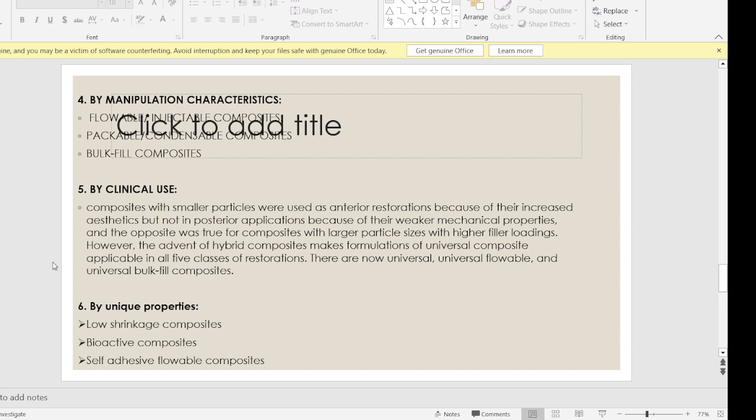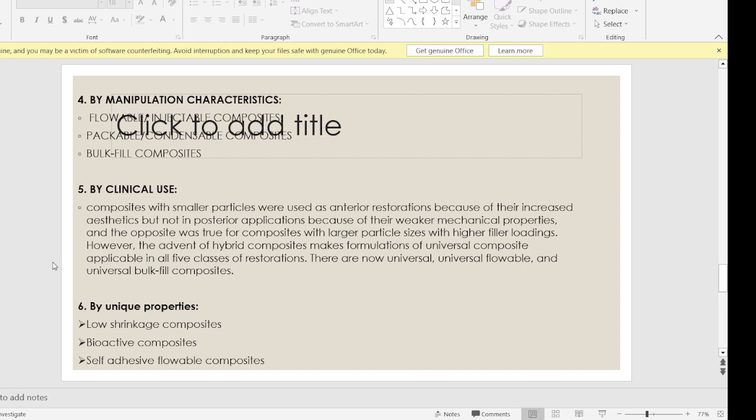It decreases the compressive strength, so because of that we can't use this material for the posterior tooth. In contrast, for the composite that has a larger particle size or higher filler loading, we use the hybrid composite in cases where we need to fill class 1 and class 2 composite resins.